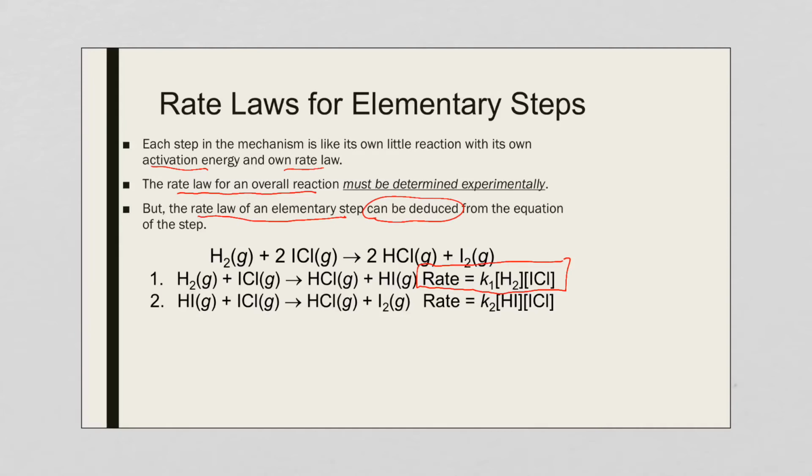Now, we can do the same thing with the second elementary step. It involves 1 molecule of HI, 1 molecule of ICl, and so the rate law for this step is the rate of this step equals its rate constant times HI to the first order, ICl to the first order. So, bottom line is we can write these elementary steps.